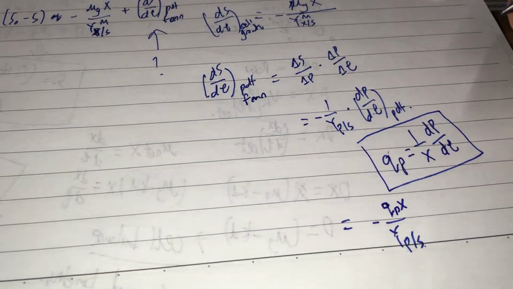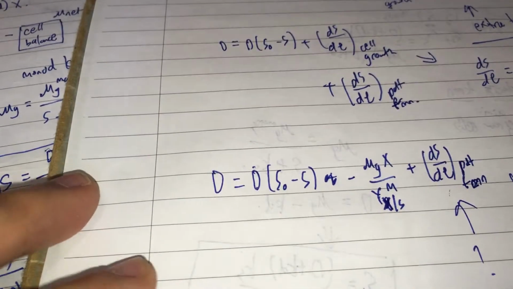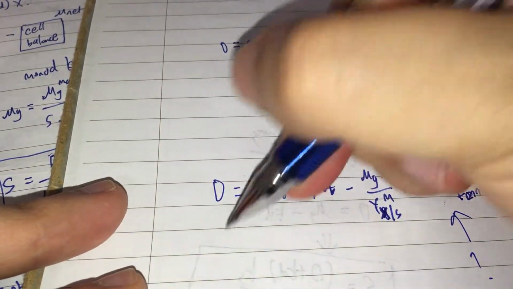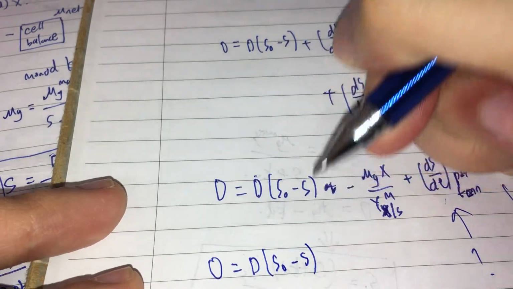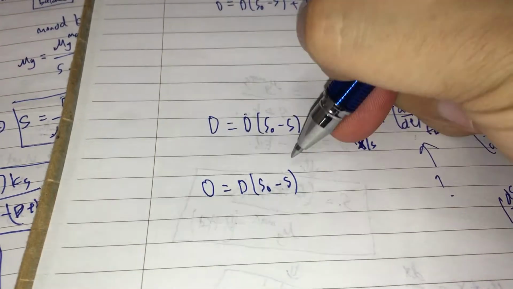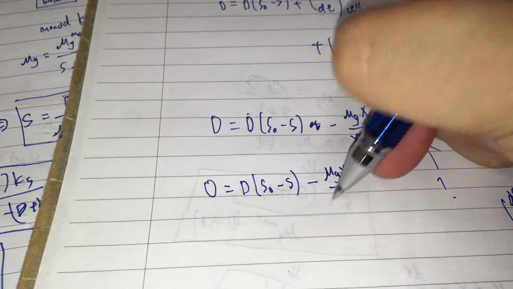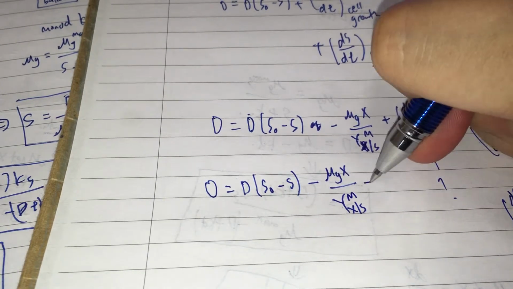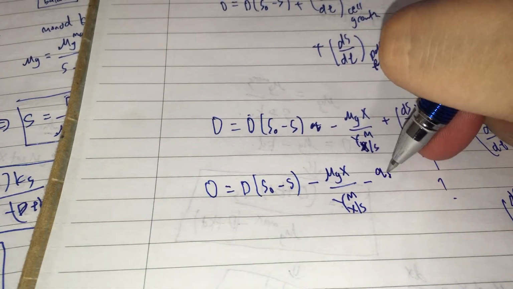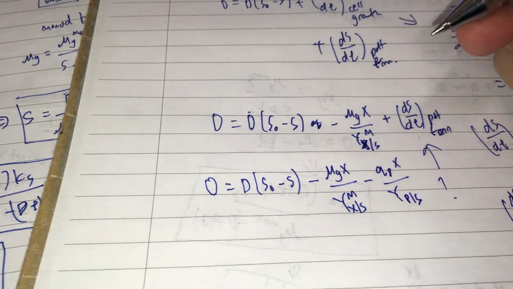Let's substitute that back here. So we have 0 equals D times (S naught minus S) minus mu g times x over Y x by s maximum minus q p times x over Y p by s.